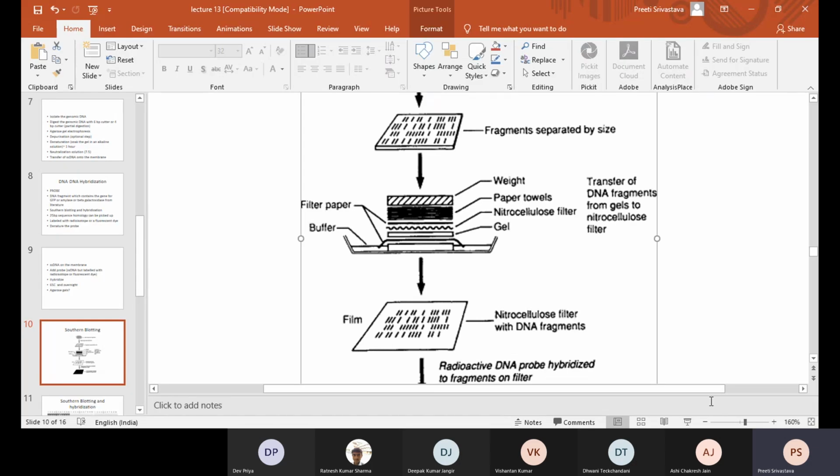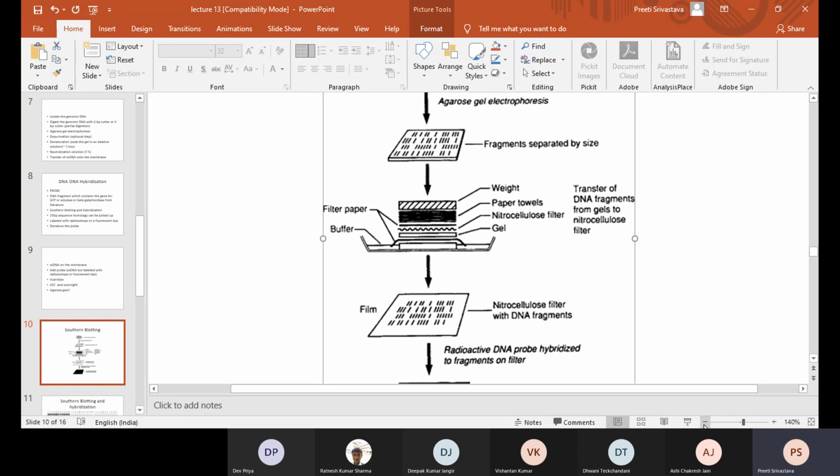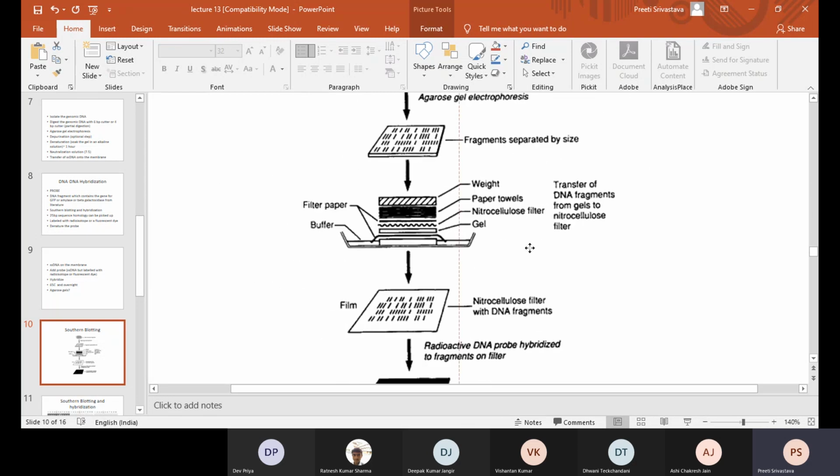So this whole process which I showed you is done by capillary transfer, but exactly the same process can be done by electrotransfer as well. When we do electrotransfer, we use an apparatus. We do not have to put so many paper towels or the paper weight, because the transfer is based upon voltage.